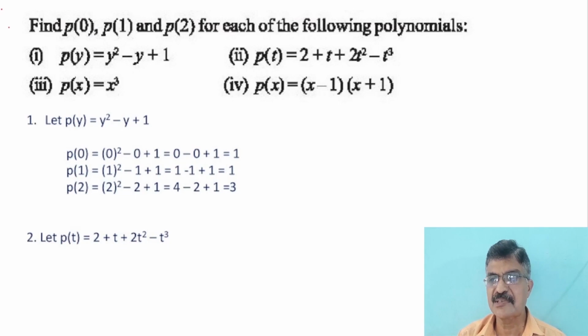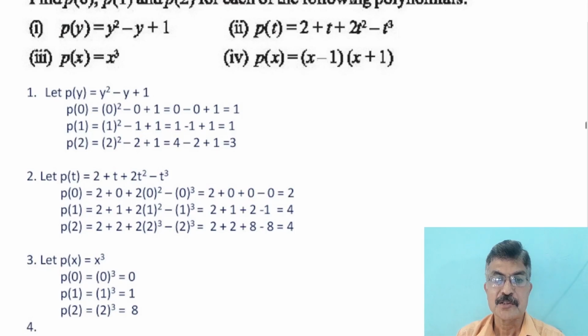So what will be the answer? It's a very simple concept. So this is the answer: p(t) as this one, p(0), p(1), p(2). Similarly, s cubed. The fourth one is left for you. You can do it yourself. So this is the method to find the value of the polynomial for a particular value of the variable.